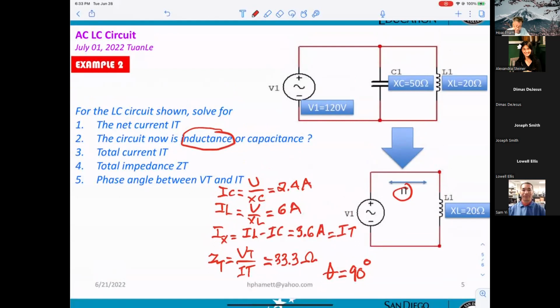Okay, so any question up to this point for this lecture for today? Also, very soon in June, I will be teaching you how to work with the generator and the oscilloscope.